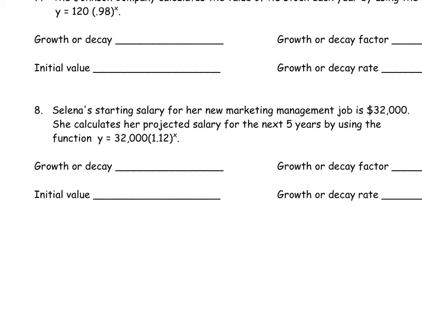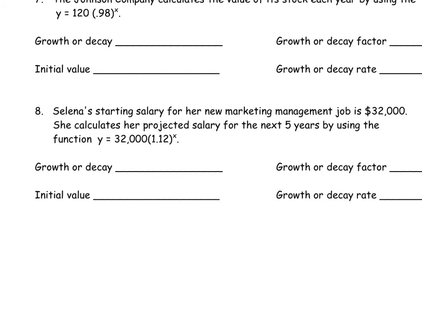Let's look at this here. It says Selena's starting salary for her new marketing management job is $32,000 a year. She calculates her projected salary for the next 5 years by using the function y equals 32,000 times 1.12 to the x power.